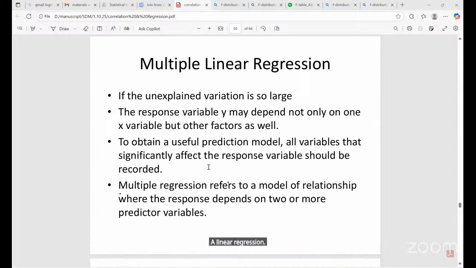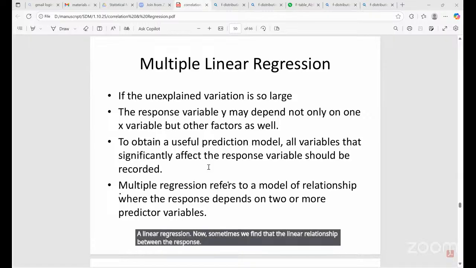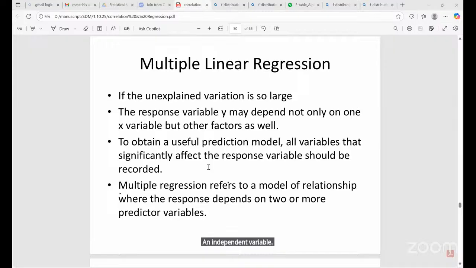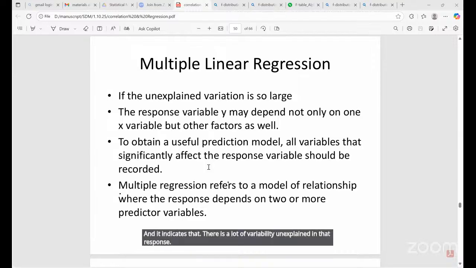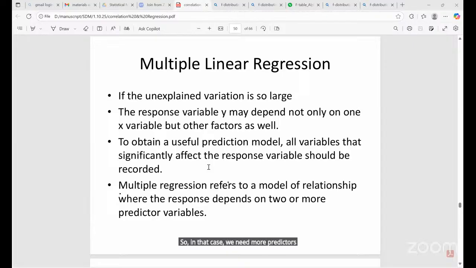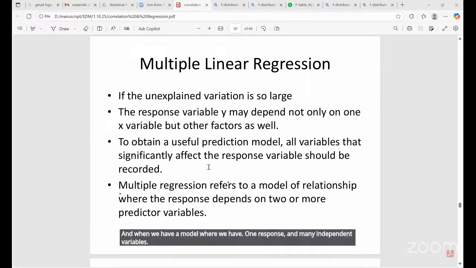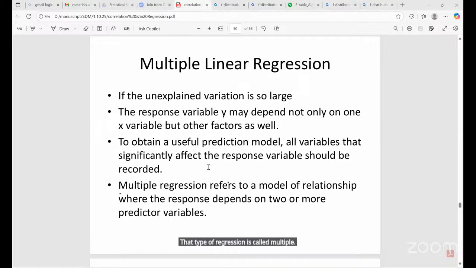Now, sometimes we find that the linear relationship between the response and independent variable, the R squared that we get, is so small, and it indicates that there is a lot of variability unexplained in the response. So in that case, we need more predictors to be added into our model. And when we have a model where we have one response and many independent variables, that type of regression is called multiple regression.